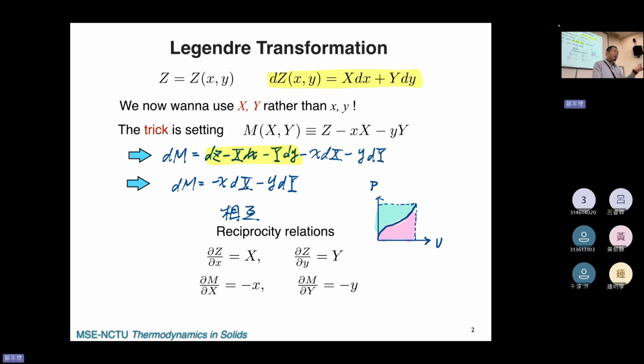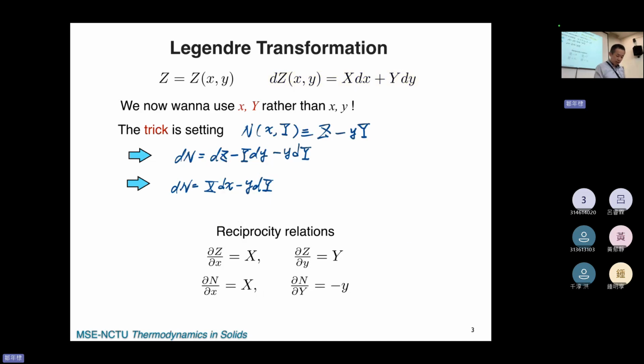You need to use those mathematical tools to find the underlying physical meaning, right? And also some relationships we didn't know. Okay, so that's why we think those mathematicians who invented such useful tools like the Legendre transformation. Okay, change the variables, so you will see how it works later.